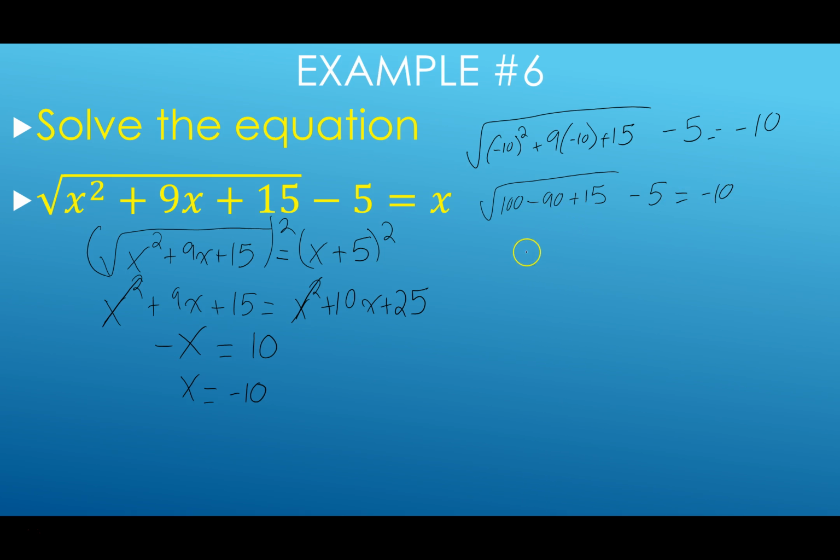We get 10 plus 15, which is 25. And then we get 5 minus 5, which is 0. 0 equals -10. That's not true. So -10 didn't work, and since nothing works, this is really then no solution.